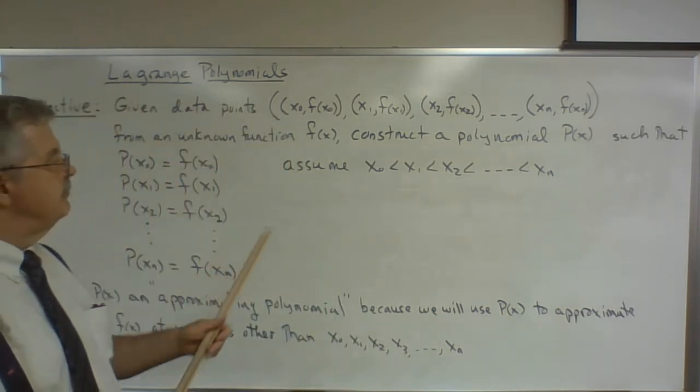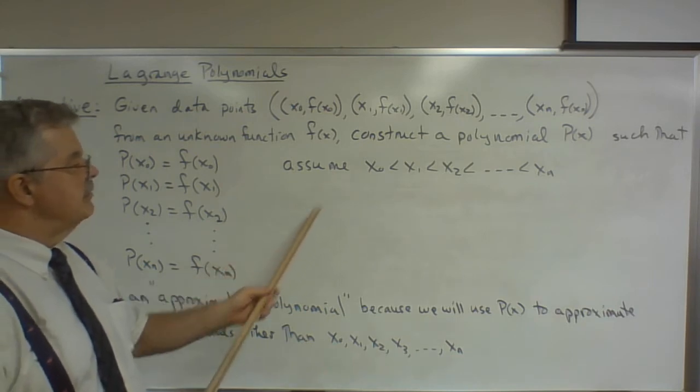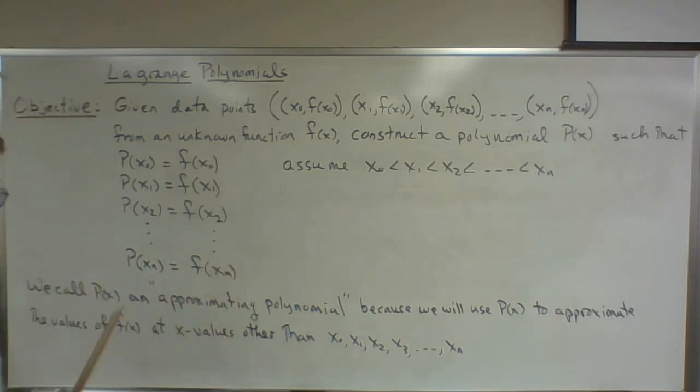And I mention this only because of something I'm going to talk about in just a second. We call p of x an approximating polynomial because we use p of x to approximate the values of our unknown function f of x at x values other than x naught, x1, x2, x3, and so forth.